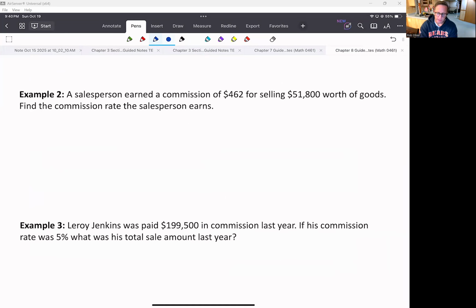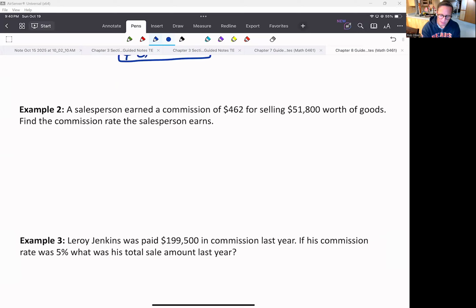All right, for the next example here, a salesperson earned a commission of $462. We know what the total sales were, $51,800 worth of goods. And for this one, we're looking for the percent. Find the commission rate. It does not say percent, but that's what we're looking for. The commission rate is the percent.